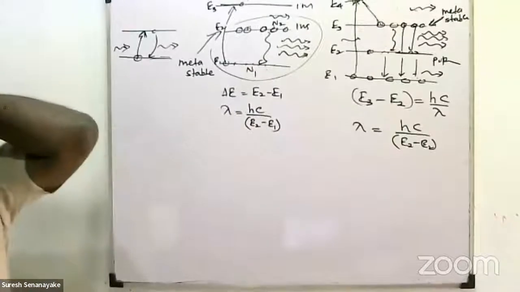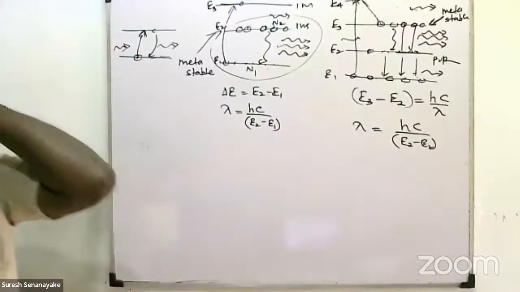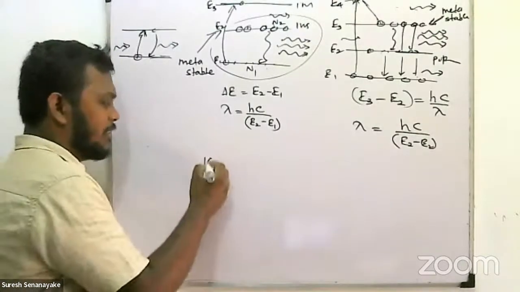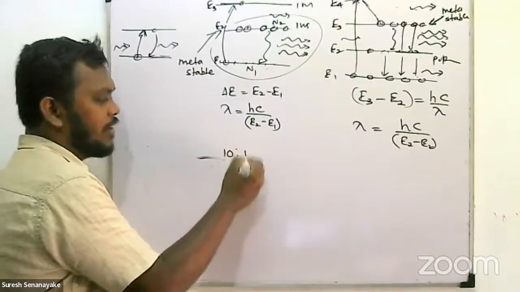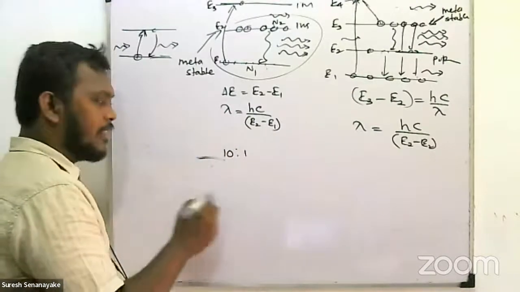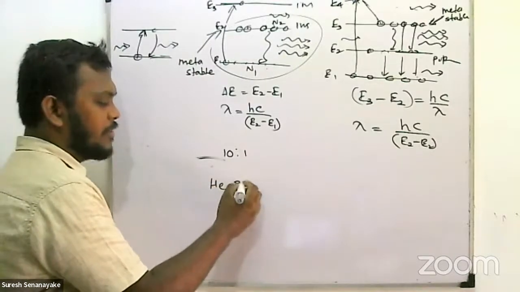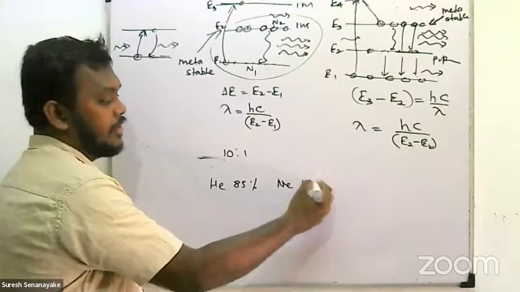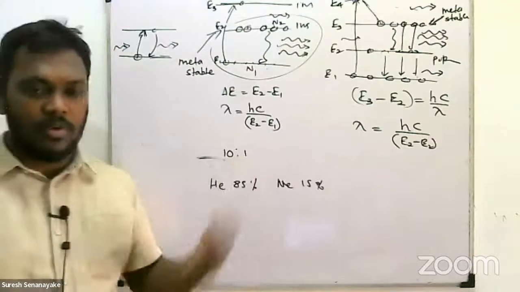In the helium neon laser, the helium neon mixture is normally mixed at about a 10:1 ratio, that is 85% helium and 15% neon, or 10 atoms of helium to 1 neon atom.